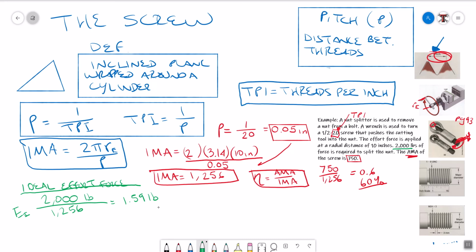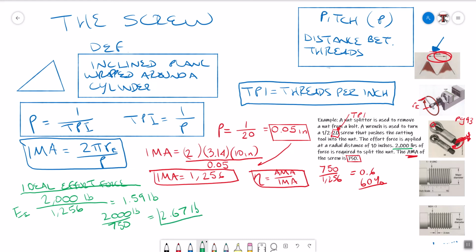So what is the actual? Well, in that particular case, instead of dividing by 1,256, which is the IMA, you divide it by the AMA, which they gave us was 750. So you divide your 2,000 by 750, giving you 2.67 pounds.